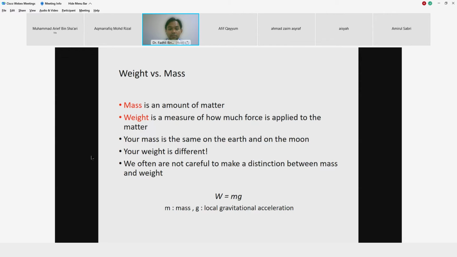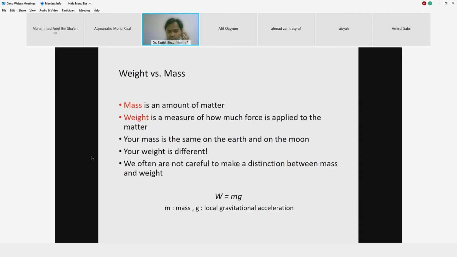Weight is a measure of how much force. Okay, force means there is an acceleration applied to the matter. So your mass is the same on the Earth and on the Moon, but our weight is not. We often are not careful to make a distinction between mass and weight, as I said just now.